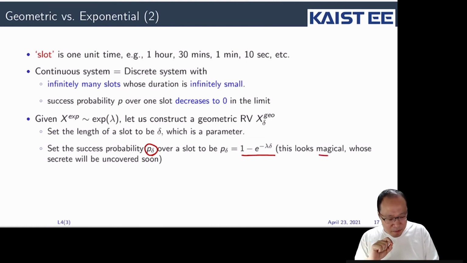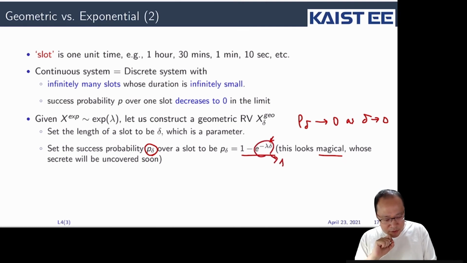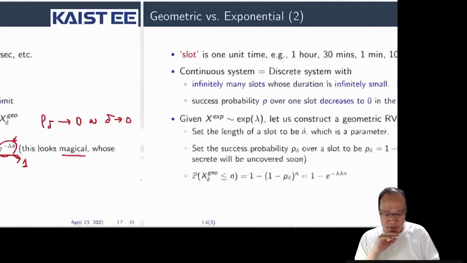I know that this looks very magical, whose secret will be uncovered soon. But note that this P delta goes to 0 as delta goes to 0, right? Because as delta goes to 0, this goes to 0, so this goes to 1, so P delta goes to 0. So as delta goes to 0, then the probability of success or customer arrival, whatever, goes to 0. That's my setting. That's my construction.